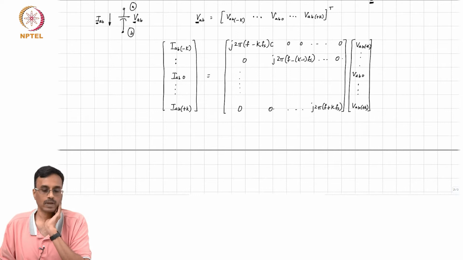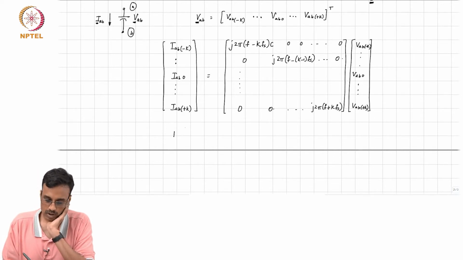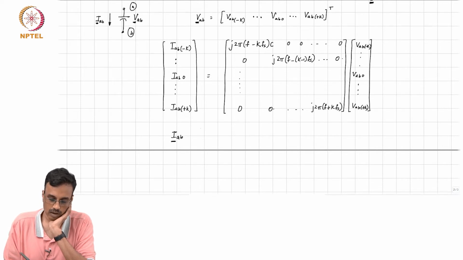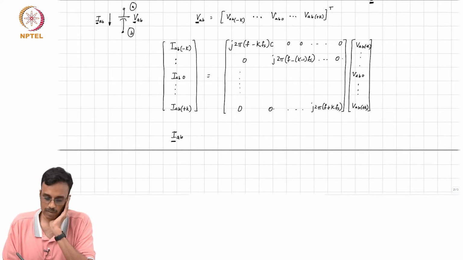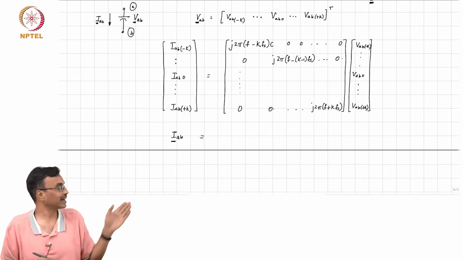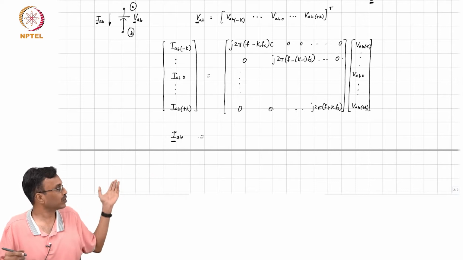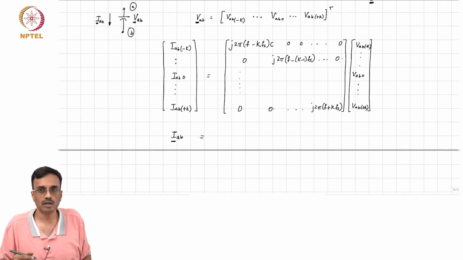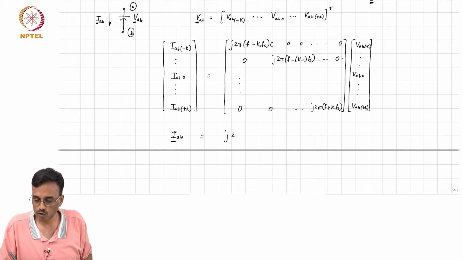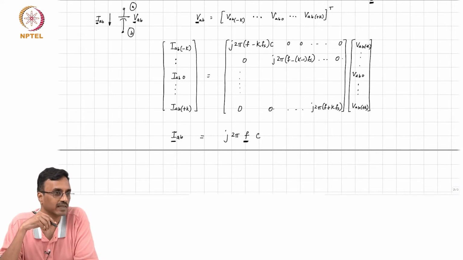So, therefore, the current phasor can be written as a diagonal matrix, correct, and what can you remove out of the diagonal matrix as a common factor? J 2 pi C, and whatever is left is what I will call the F matrix.